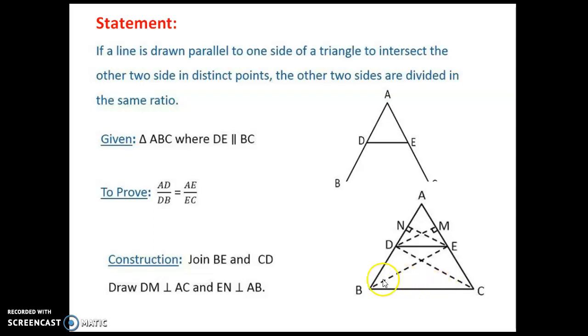D is here, so this DM is going to be perpendicular to AC, so this angle is going to be 90 degrees. Then EN is perpendicular to AB. From E to that N we are going to make it perpendicular to AB. Understood till here?